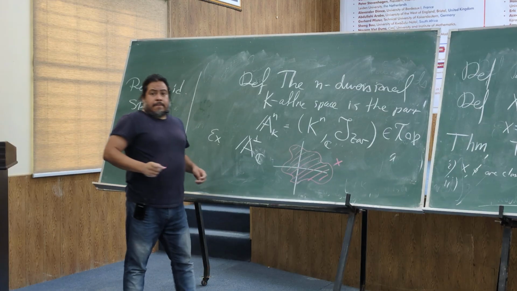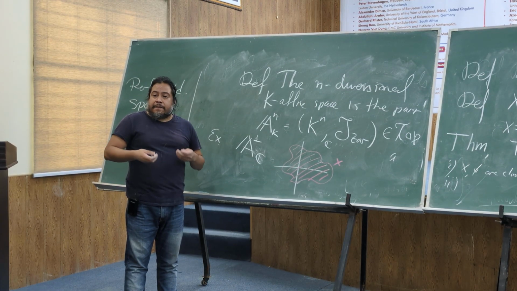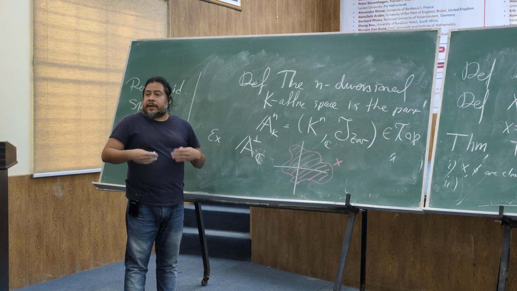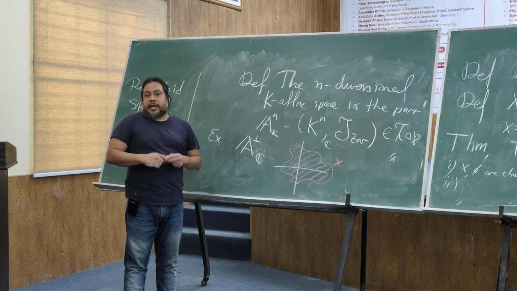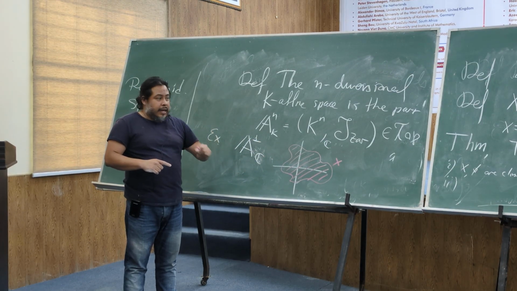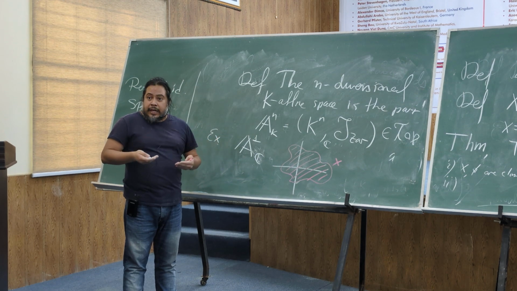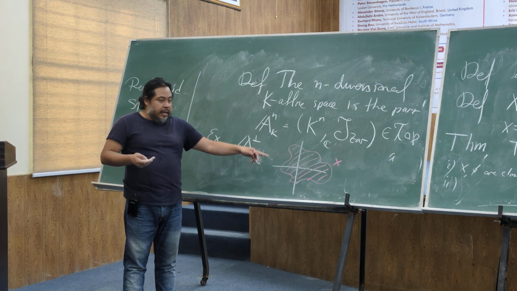X is closed if and only if I can find a family of complex polynomials such that X is precisely the common roots of this family. Again, this big X that I draw here is going to be algebraic, or a closed set in the Zariski topology, if and only if I can find a family of complex polynomials which vanish on this set.